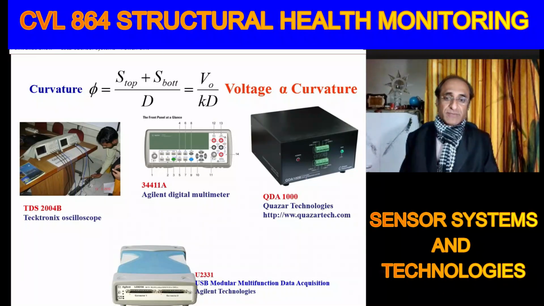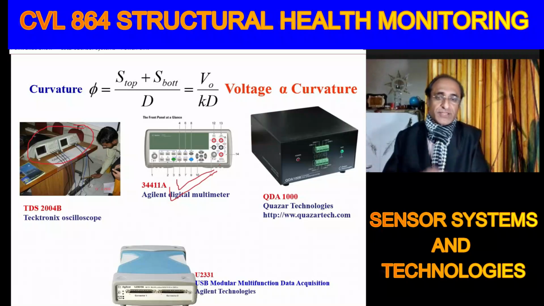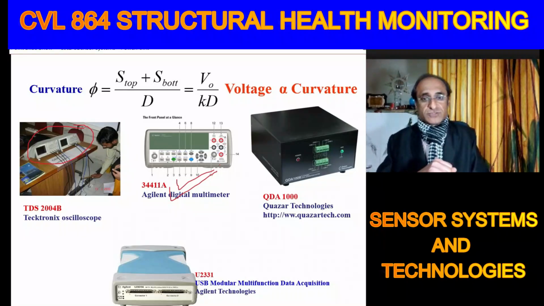And then these are some of the devices which we can use. In today's lab, you saw the oscilloscope of Tektronix. They have lifetime warranty, and at least our oscilloscopes are more than 12 years old, working fantastic. Then this digital multimeter, the one in our lab is the older one, at least 17 years old, still working like a strong horse.